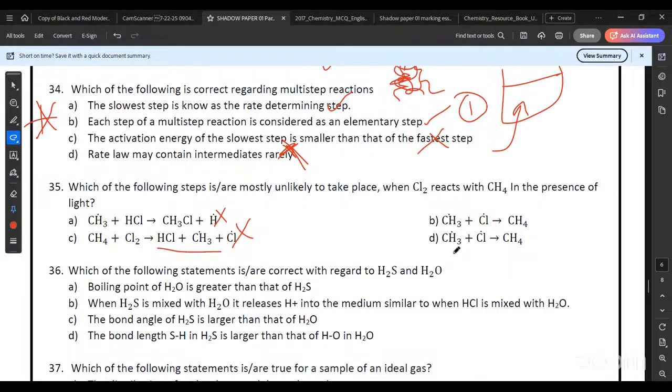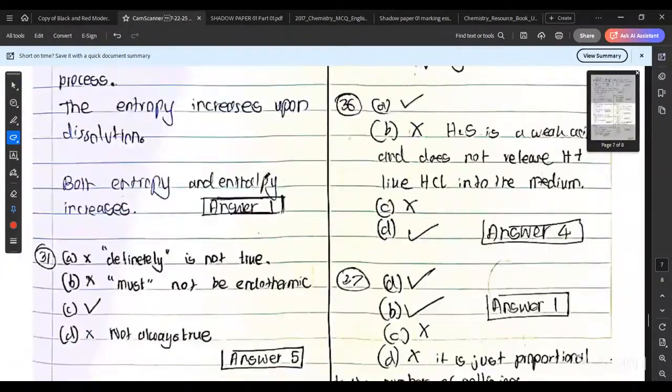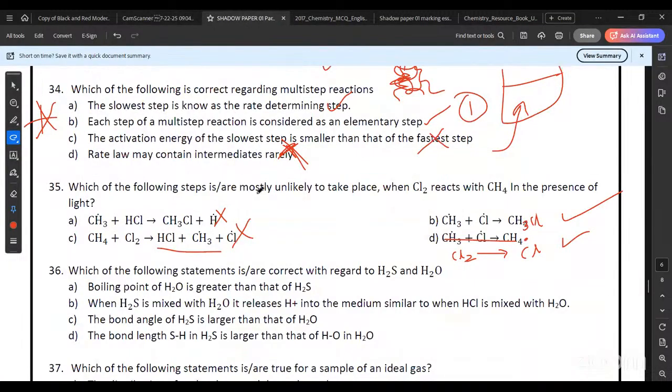Make a Cl2 to Cl. And then B is CH3Cl. Yes, make a CH3Cl. If we take it like that, people, they combine and become CH3Cl. That is right. This one happens. This one also happens. That means here I have taken it as answer number 5. It's 35. Yes. Happening, unlikely. Answer 5.